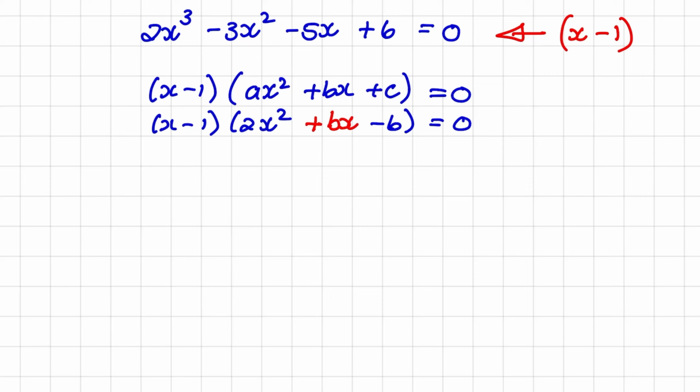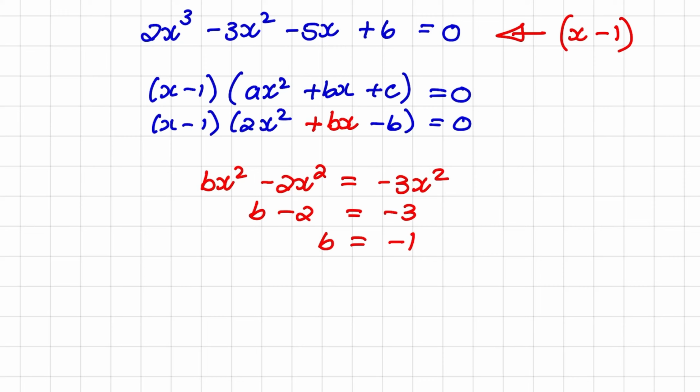So to solve the value of b, I say x times bx would be bx squared, then negative 1 times 2x squared, that will be minus 2x squared, and that must be equal to the squared term in our expression, which is negative 3x squared. So if I solve for b, I have b minus 2 is equal to negative 3. Therefore, b is equal to negative 1.